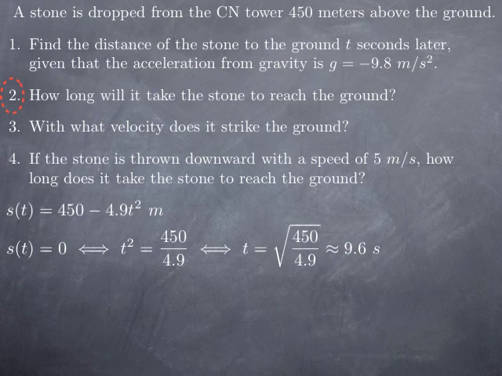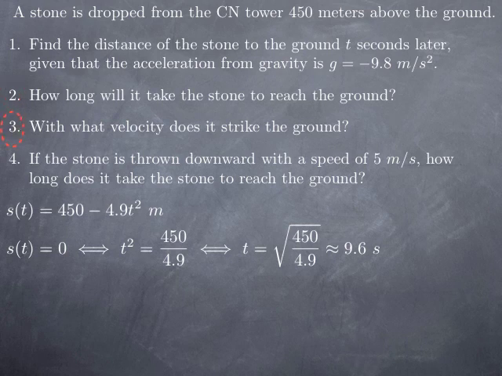Formally, it should be plus or minus the square root, but clearly we start from an initial time of t equals 0, and then time flows positively, so we are not interested in negative time. So in this case, we obtain approximately 9.6 seconds until impact with the ground.